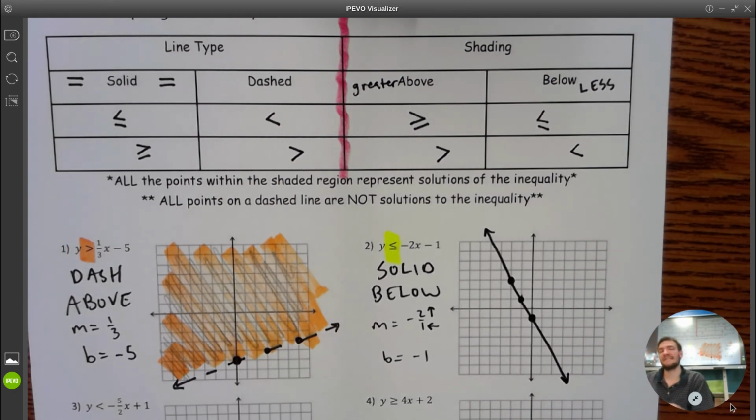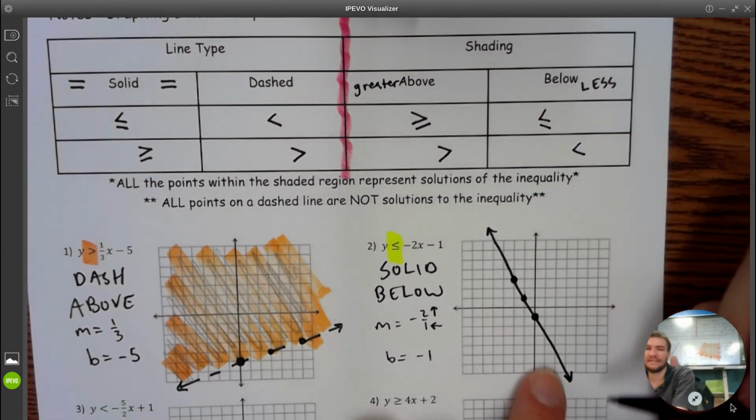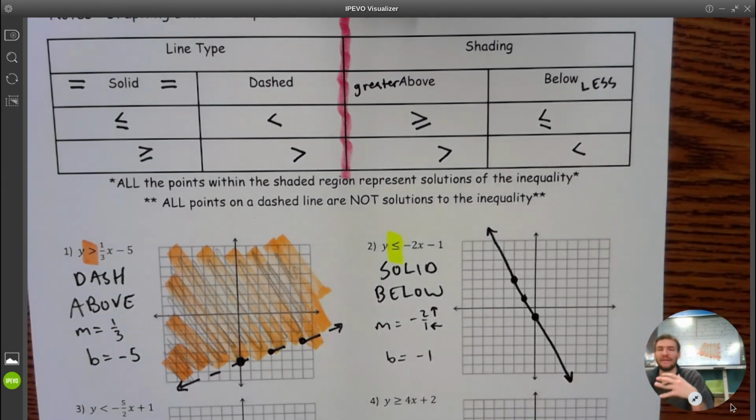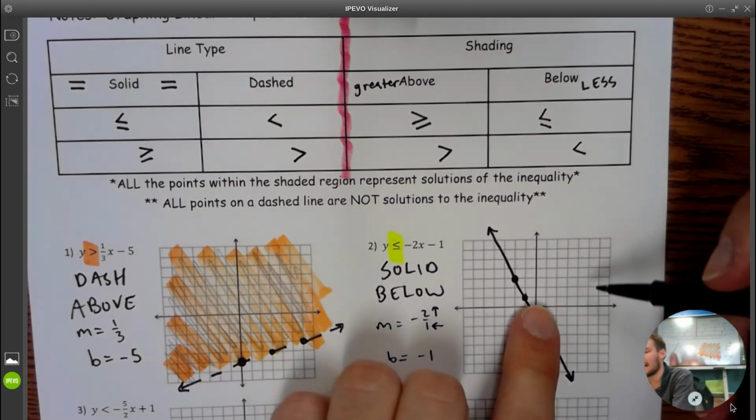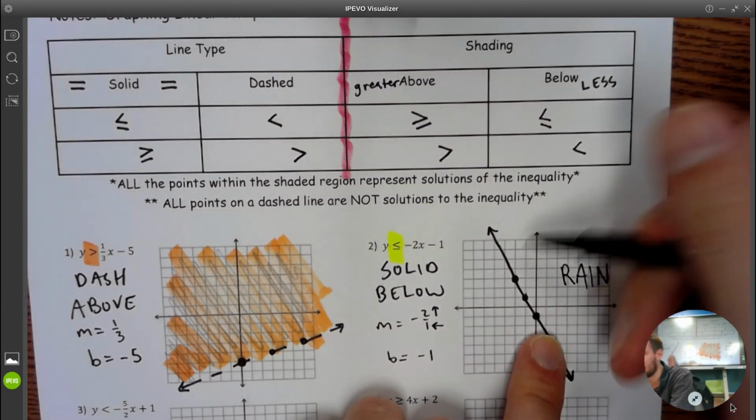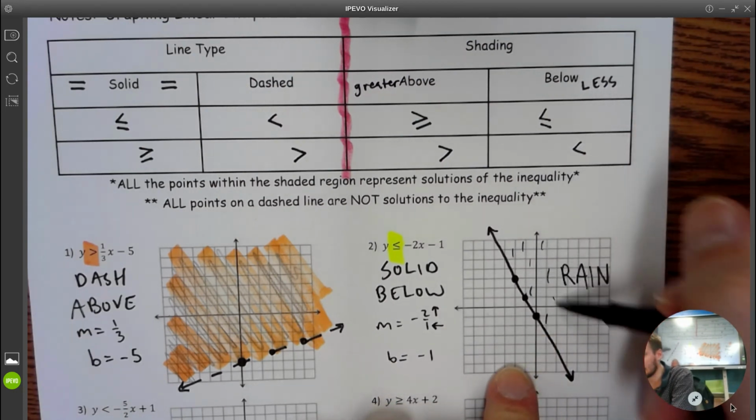Sometimes it's hard to tell which side is above and which side is below. What I normally think about is imagine that this line is a roof. Which one of these sides is below the roof of the house? If I'm on this side, this is where the rain would be falling, right? The rain is out here.